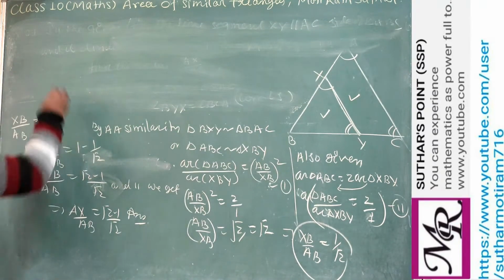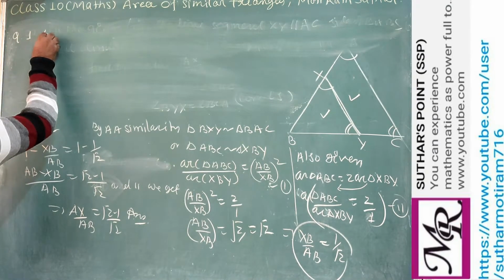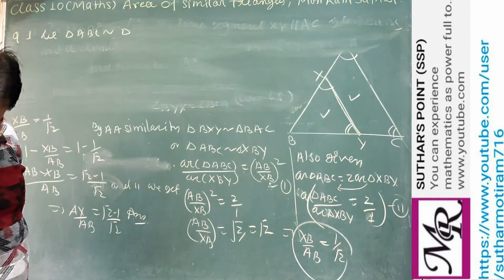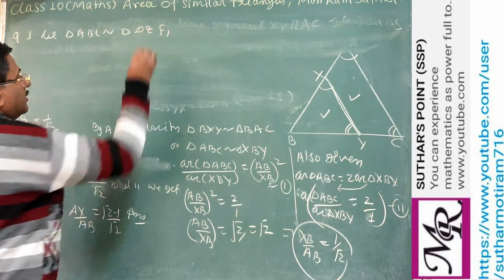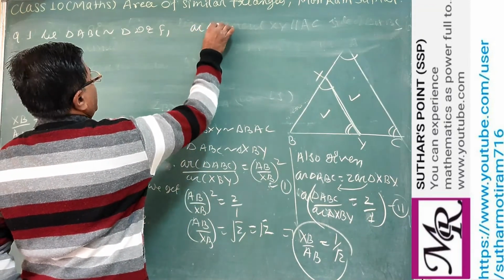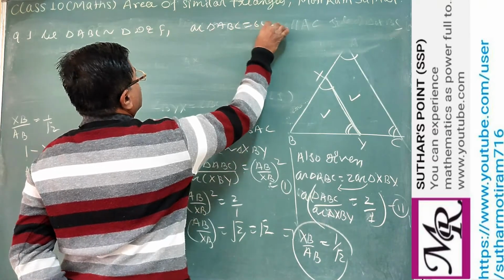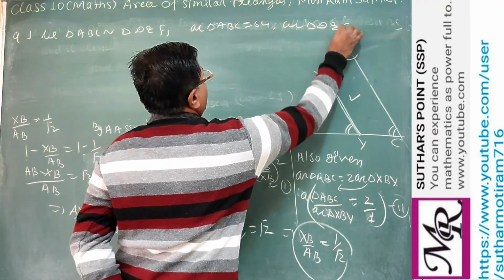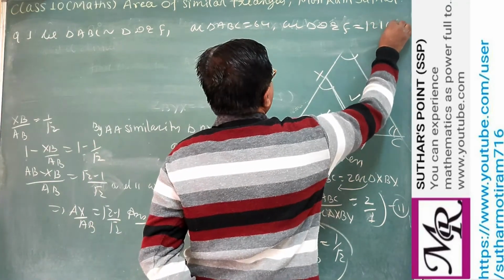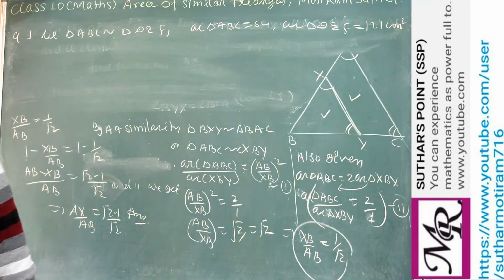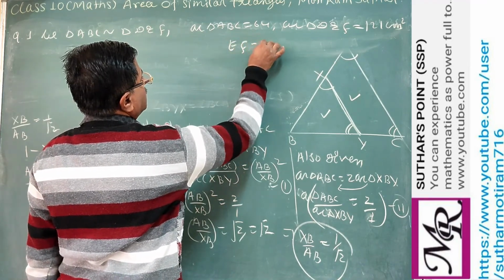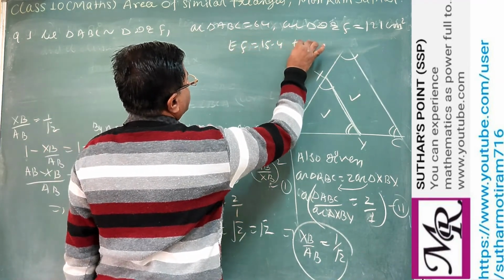Let triangle ABC be similar to triangle DEF, and their areas are given: area of triangle ABC is 64 and area of triangle DEF is 121 centimeter square. Then EF is 15.4. EF equal to 15.4.